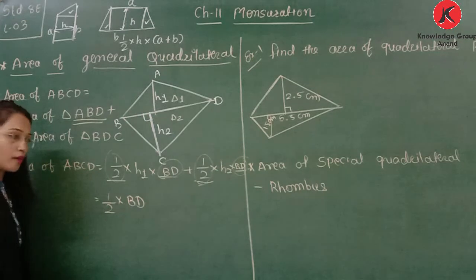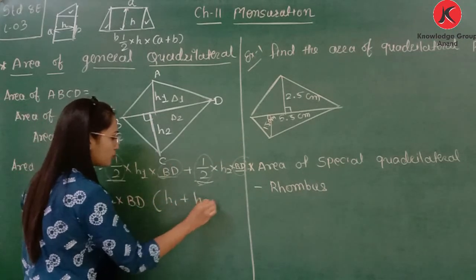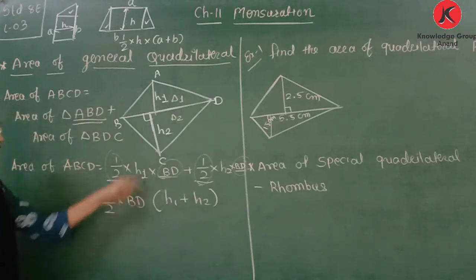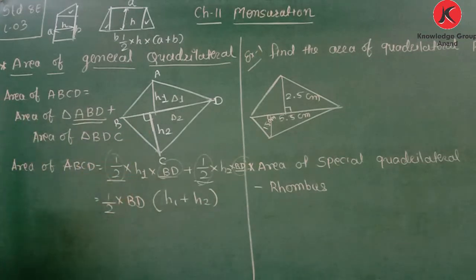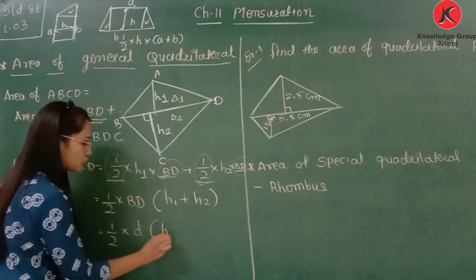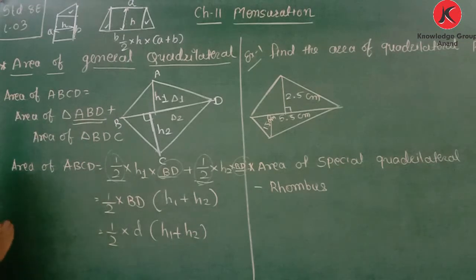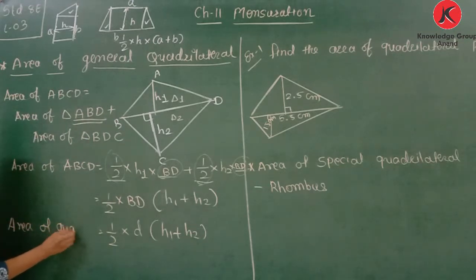So we take out the common. Inside the bracket we have H1 plus H2. Now what is BD for this quadrilateral? It is a diagonal. So we can write it is 1 by 2 diagonal times H1 plus H2. This is the equation to find the area of a quadrilateral.